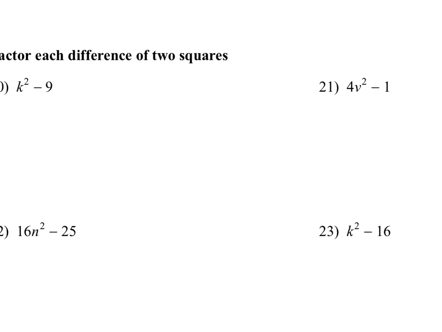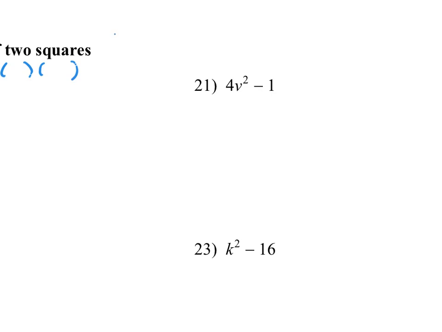Alright, next section. Factor each difference of two squares. So 2 squares tells us we have 2 parentheses. And again, since they're squares, we have A equals and B equals. So if A squared is 4V squared, what is our A equal to? 2V.